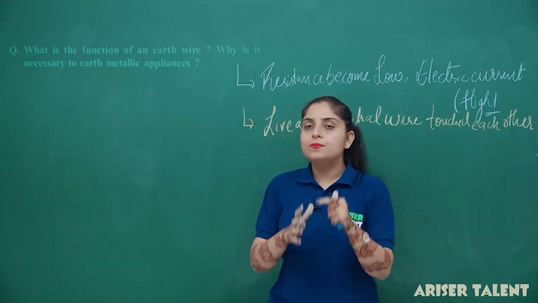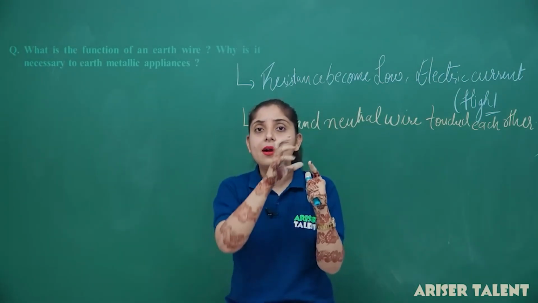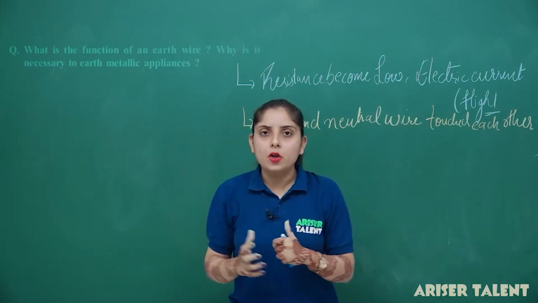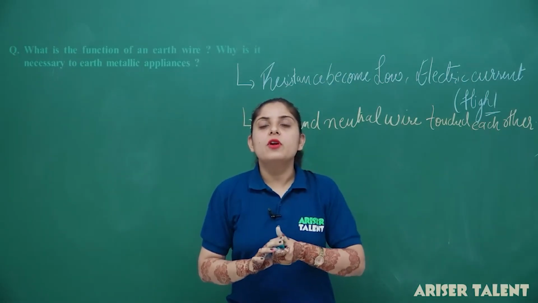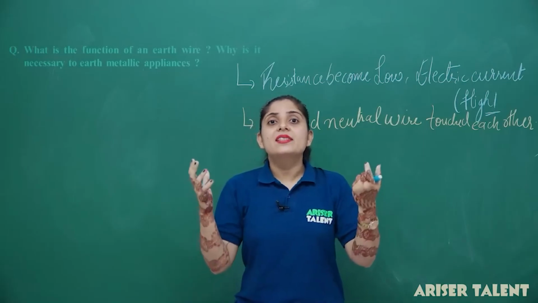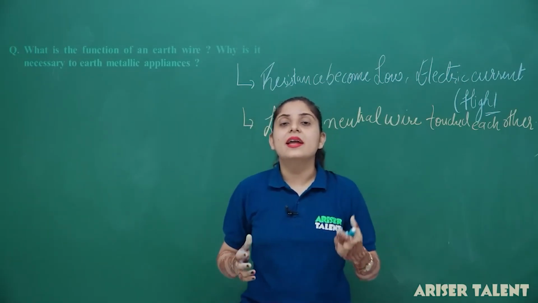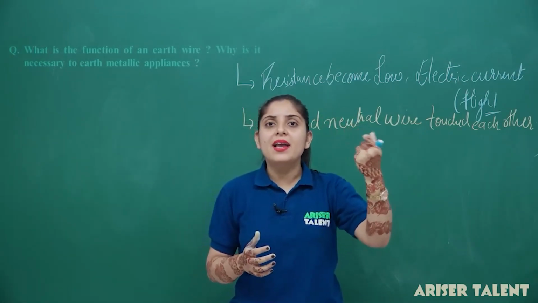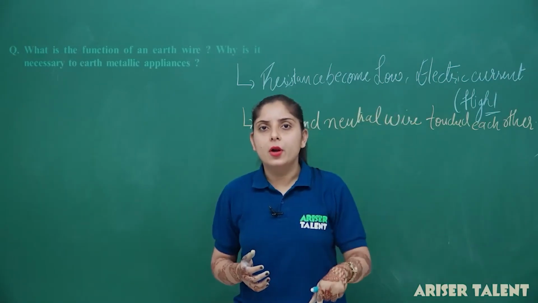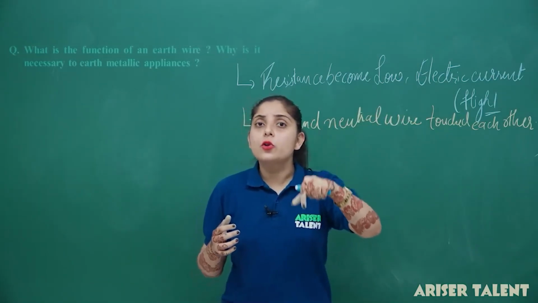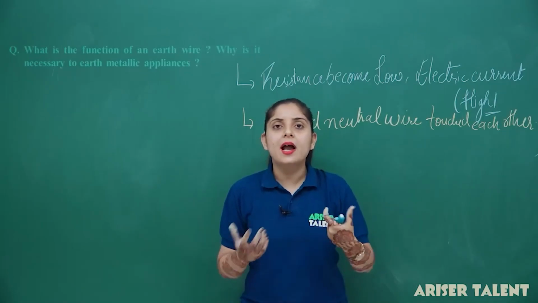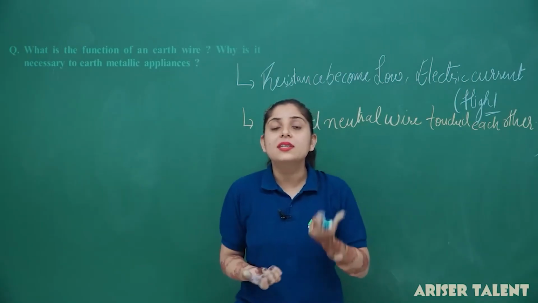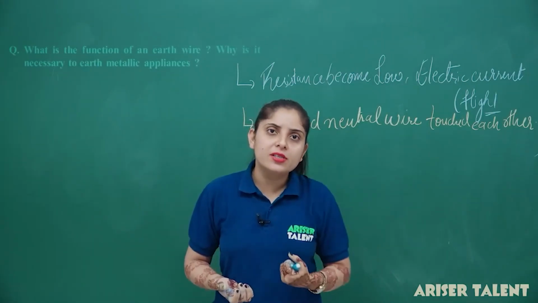We have to connect the earth wire to the metallic part of the appliances we are using. So in this case, if excessive current passes in the circuit, then through this metallic device, this current will directly go to the ground. And if this current goes to the ground, it will not cause any harm to us, or cause the condition of electric short circuit here.